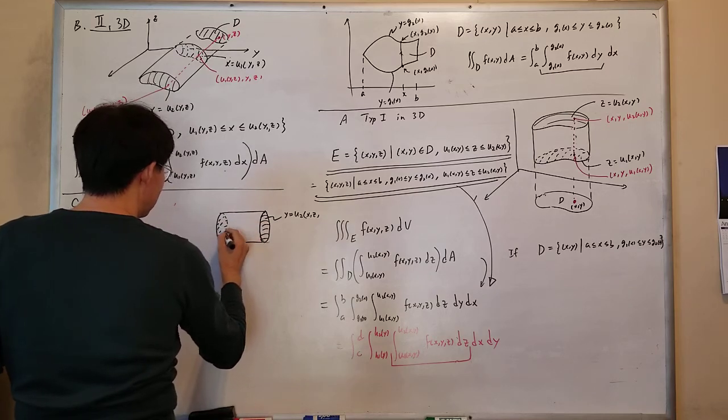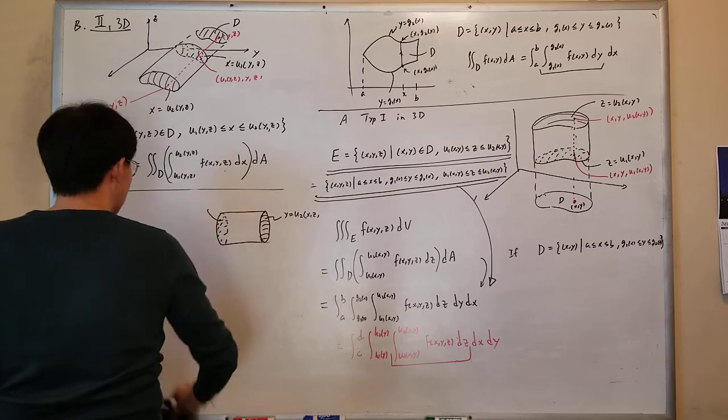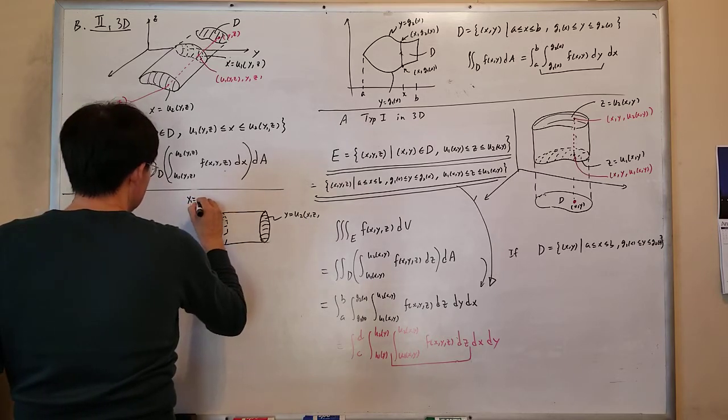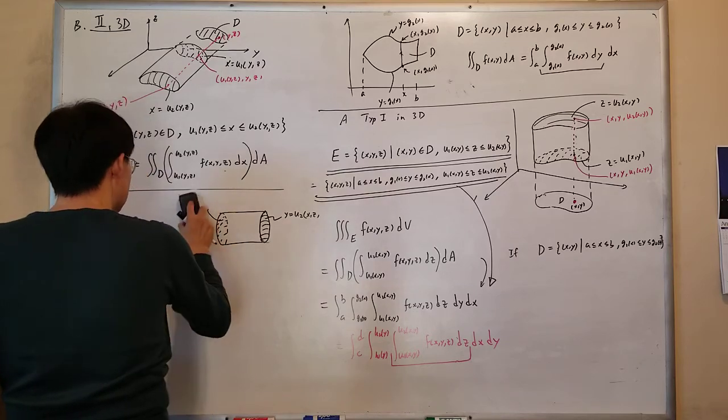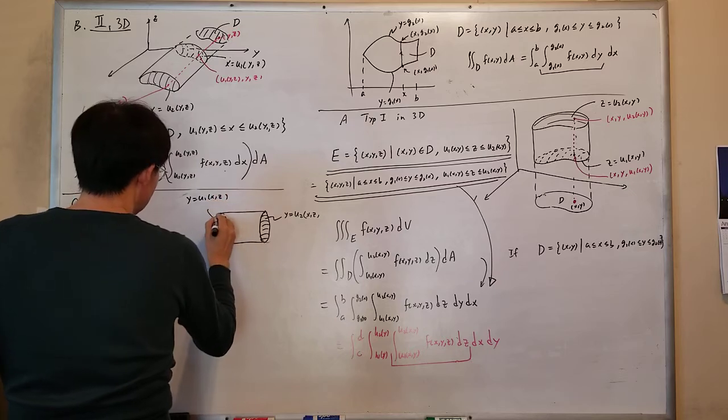This side of the surface is y equals u1 of xz.